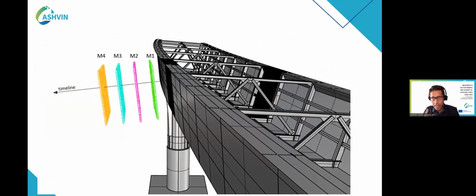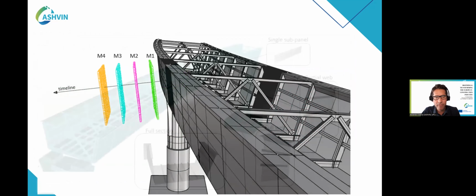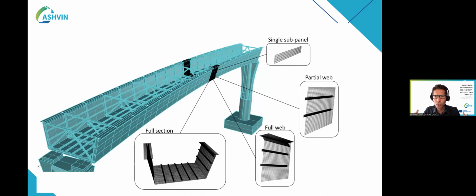And the shapes then, on a routine basis, can be used for developing complex numerical simulations, either for single panels or for partial webs, for full webs, or even for a full section. For the moment, we cannot say we have this for the whole bridge. This is a lot of information. We cannot deal with this information today, but full sections and full portions, that's possible.